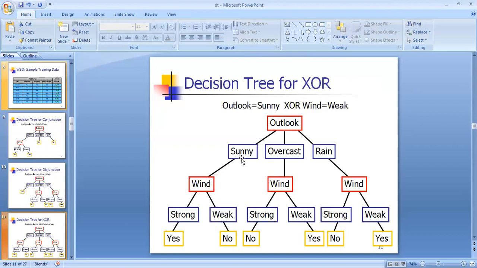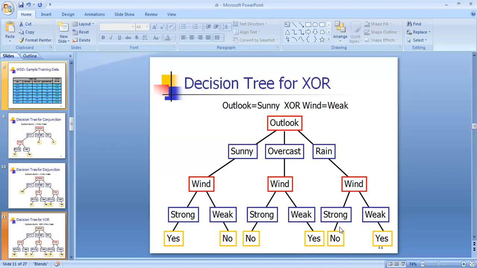So with sunny, overcast and rain, and with wind, the decision tree is framed depending on the wind. When it is sunny and wind is strong, yes. When it is sunny and wind is weak, no. Overcast will only have one option: wind strong, no; wind weak, yes.